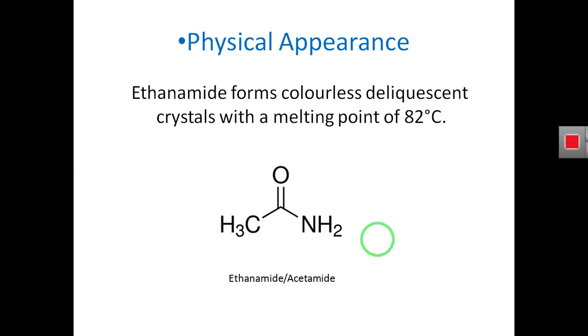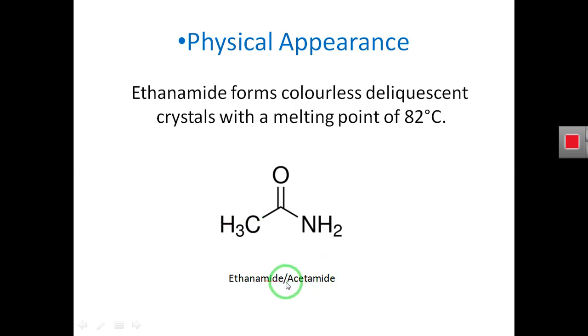All compounds exhibiting such a property we term deliquescent compounds. So one particular type of amide is ethanamide. And what is ethanamide? That is acetamide.